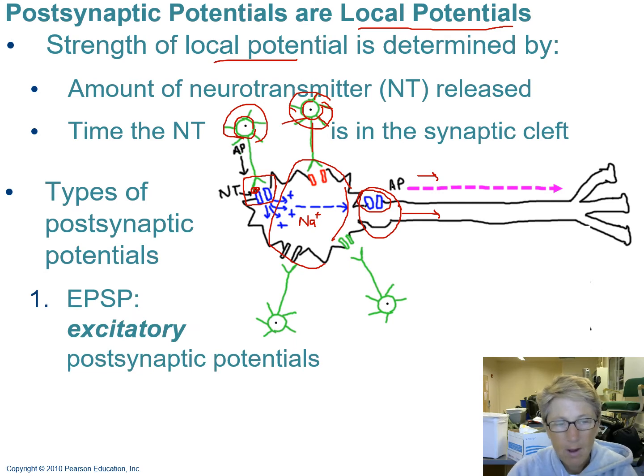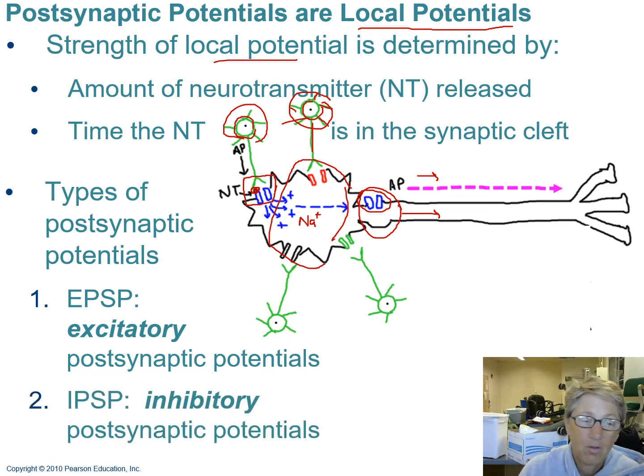So there's two types of postsynaptic potentials. You can have an excitatory postsynaptic potential, EPSP. That means positive charges are going to come in, and you're going to get a change in membrane potential towards the more positive end.